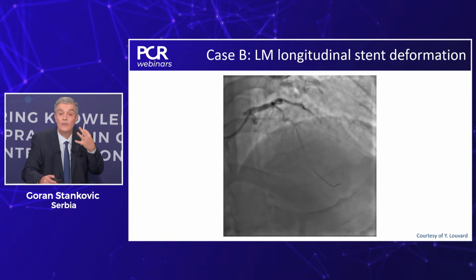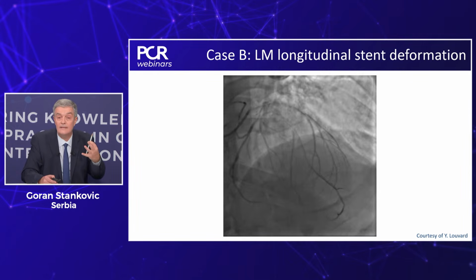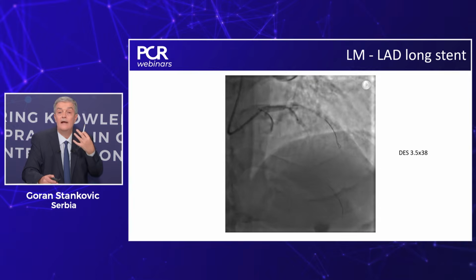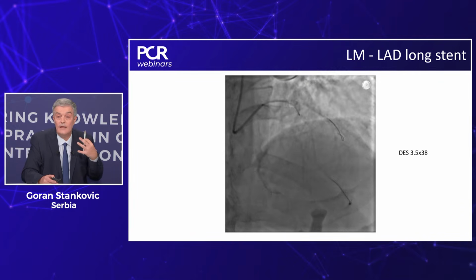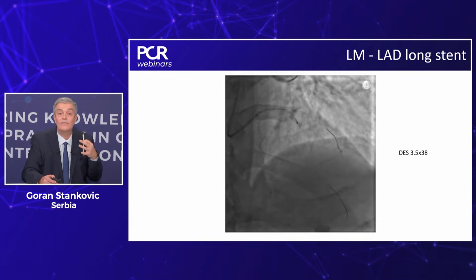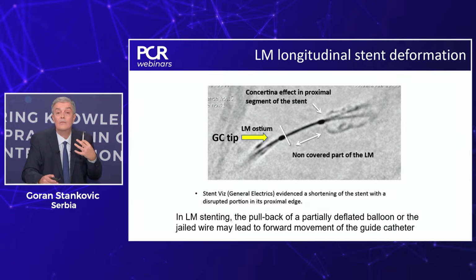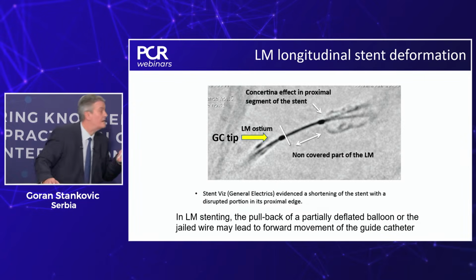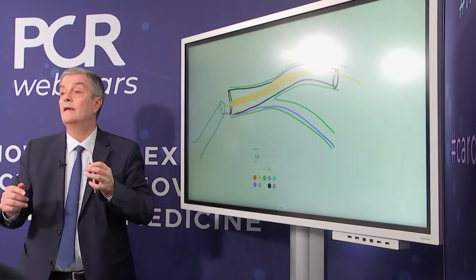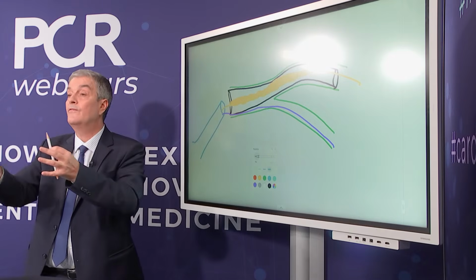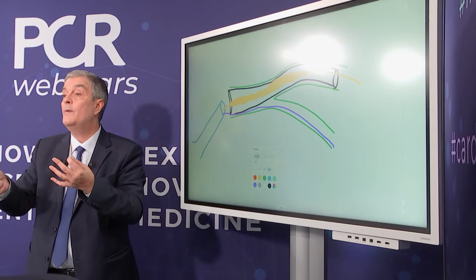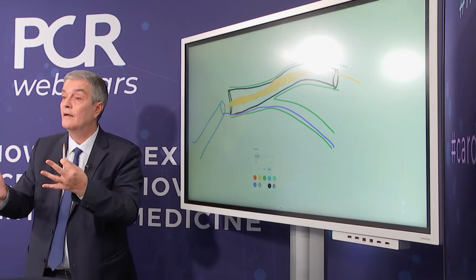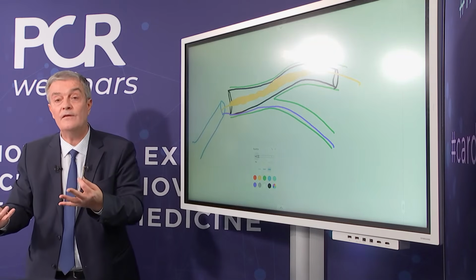Diffuse proximal LAD tortuous disease, and direct stenting with a long drug-eluting stent, 38 by 3.5. And then what happens is that I can illustrate again on the screen. During the deflation, the operator did not wait until the balloon was fully deflated.